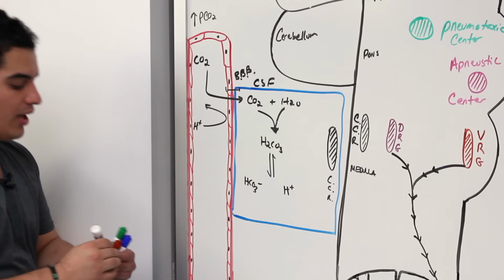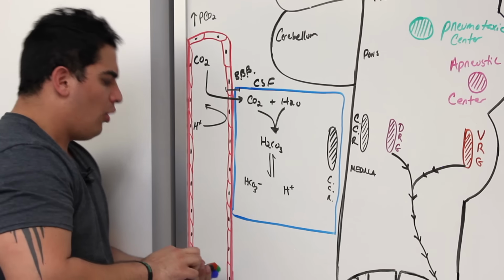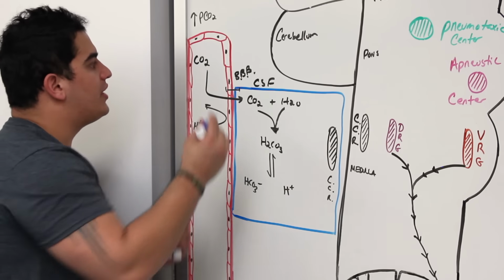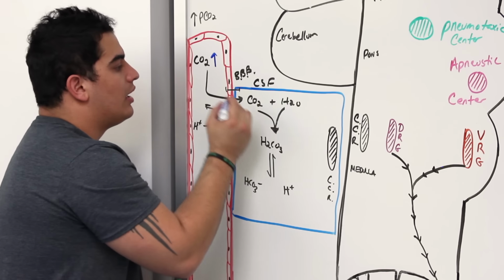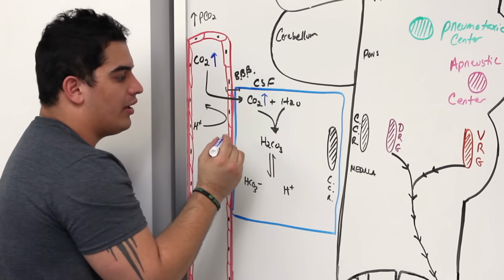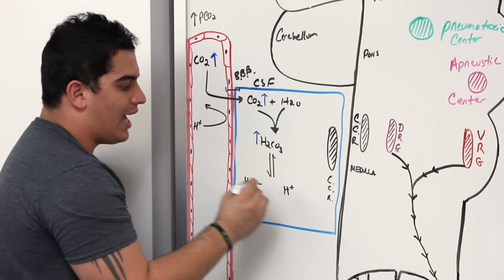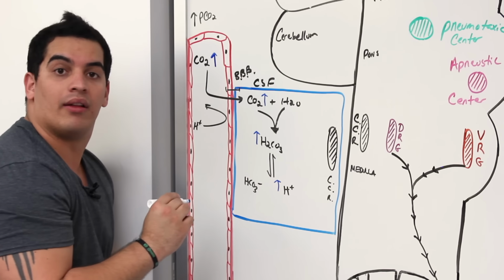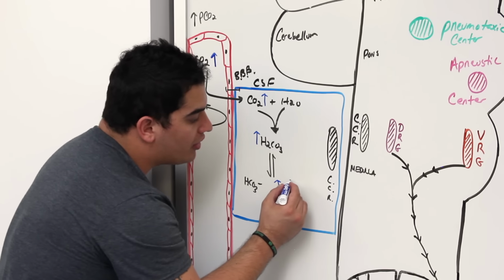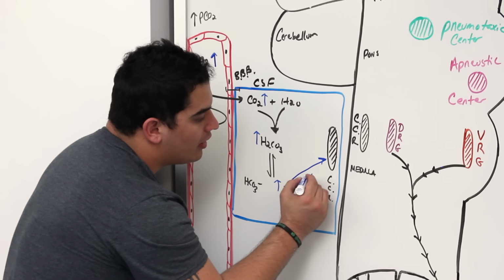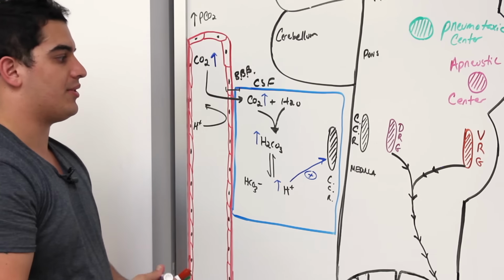Why am I telling you this? Because an increase in CO2 increases the amount of carbonic acid, and that increases the amount of protons. More protons will stimulate the central chemoreceptors.